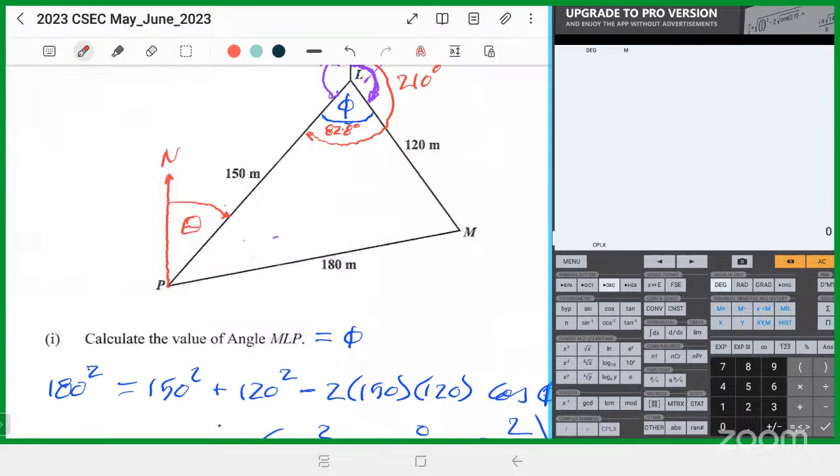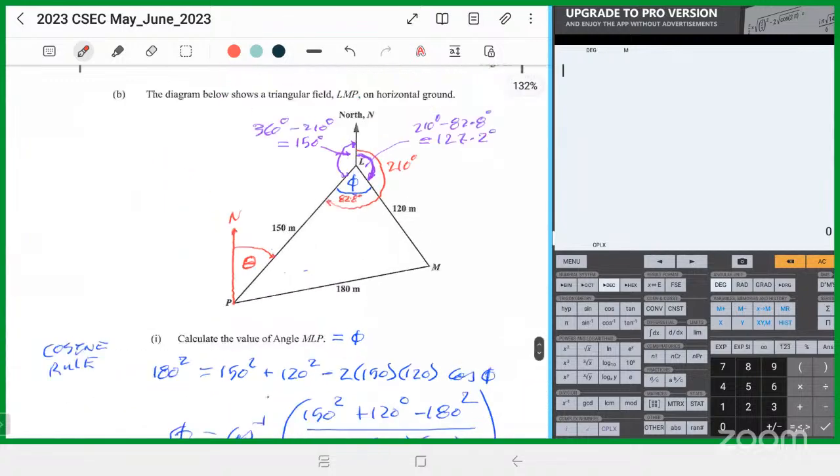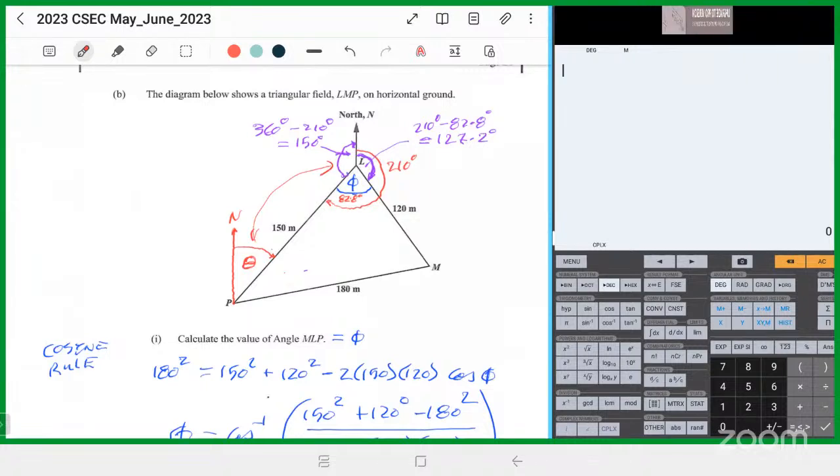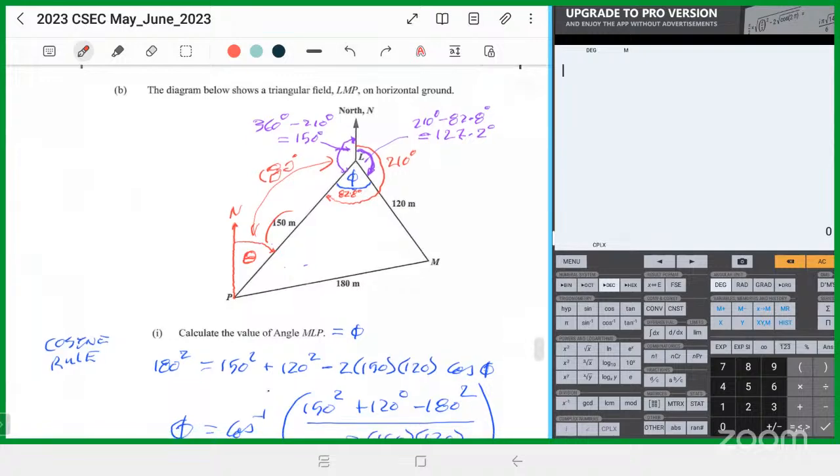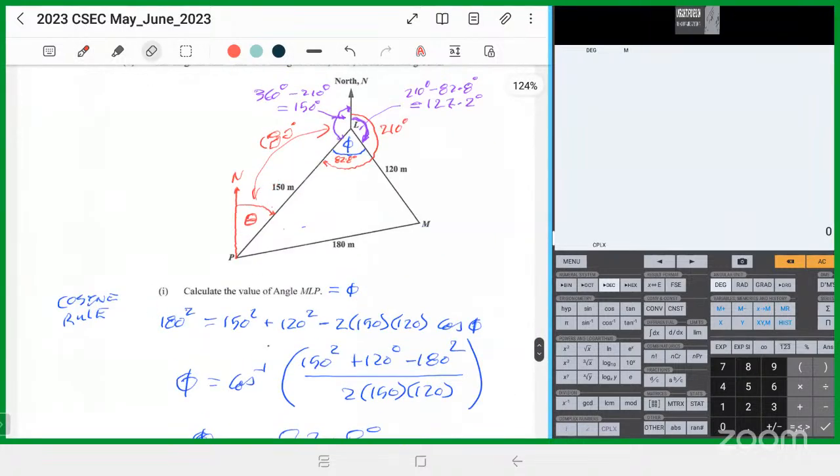That's another north. That angle is just 180 minus 150. These two angles are what we call co-interior angles, angles in the U, so they add up to 180 degrees. The bearing angle theta that I want is 180 minus 150, which is 30 degrees.